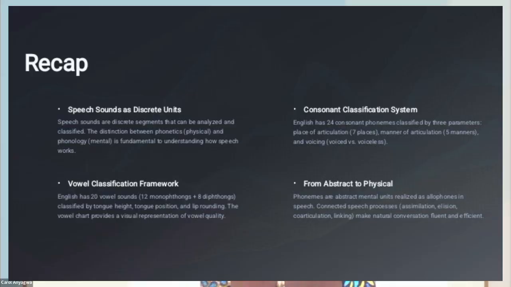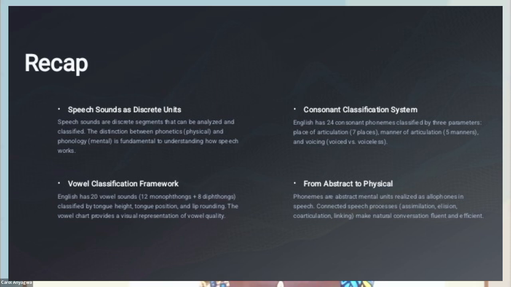So as usual, we're going to have a recap of what we've done today. We started by treating speech sounds as discrete segments, and we concluded that speech sounds are segments that can be analyzed and classified. We have made a distinction between their physical and mental qualities, which is what characterizes the difference between phonetics and phonology.